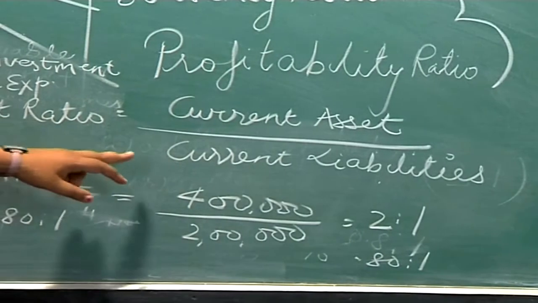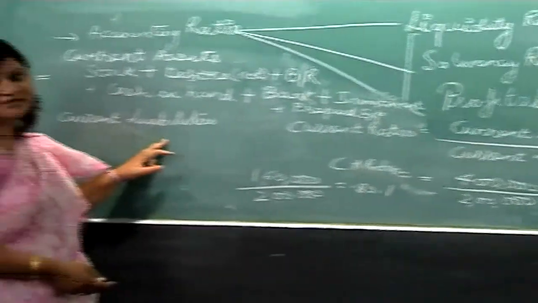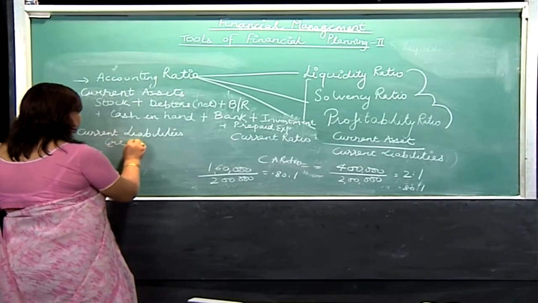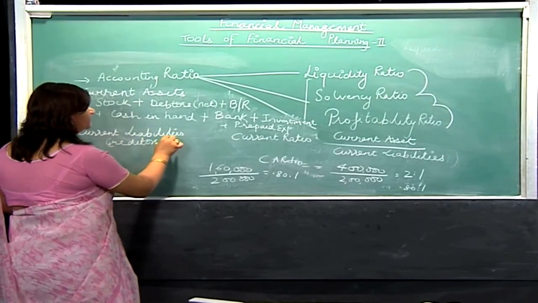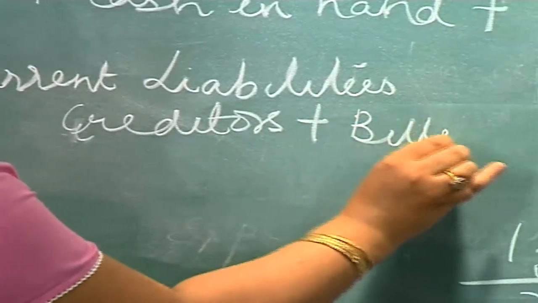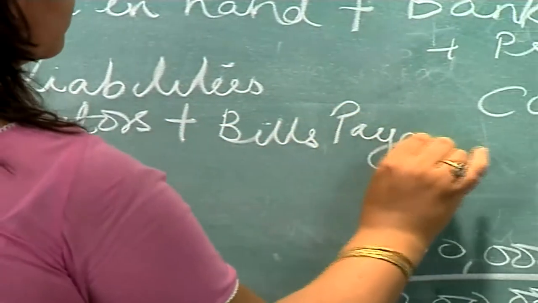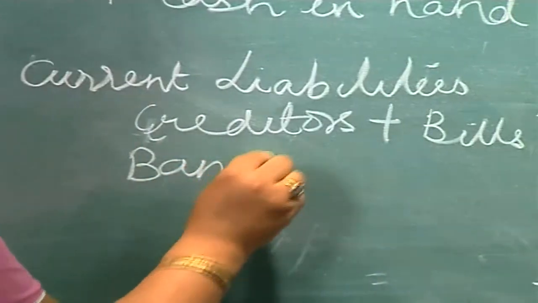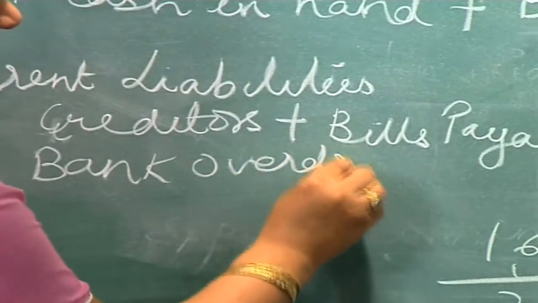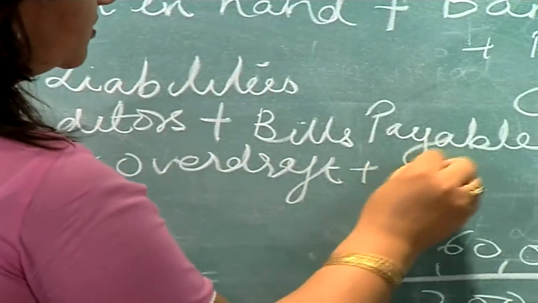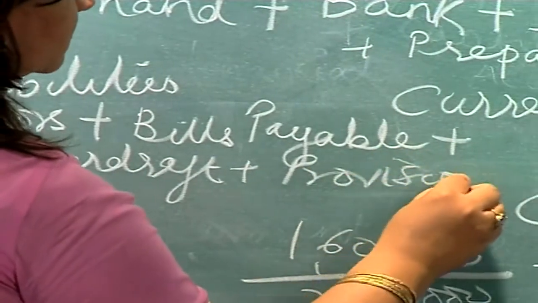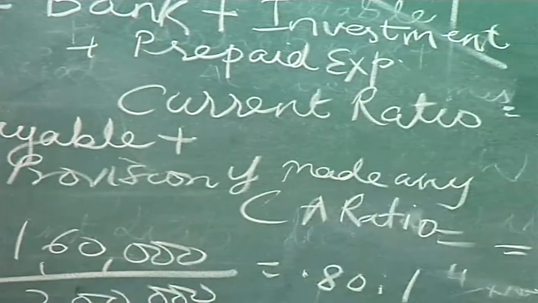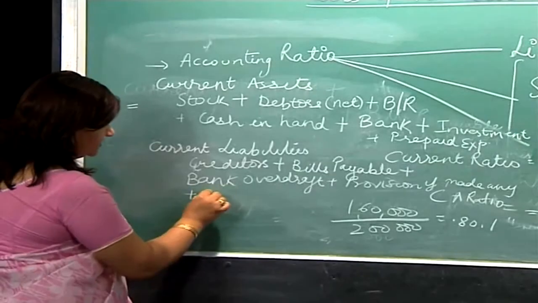Now what shall comprise of current liabilities? Current liabilities shall include creditors, bills payable, bank overdraft, provision if made any, plus outstanding expenses.